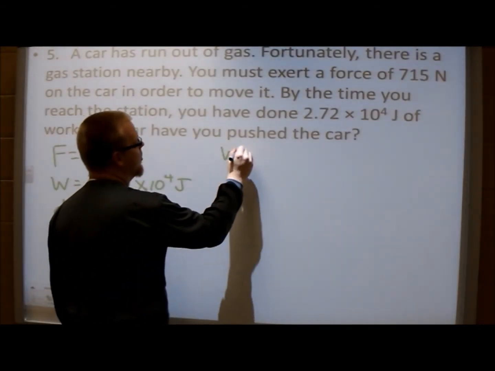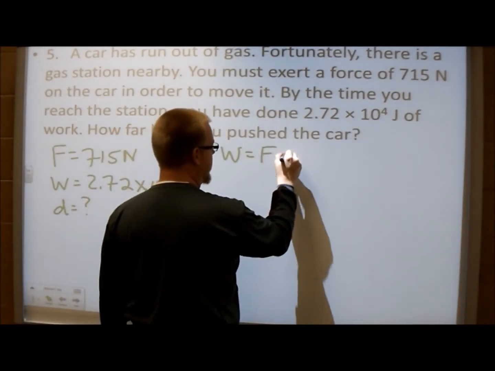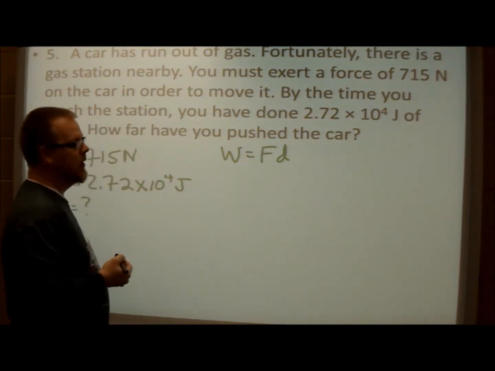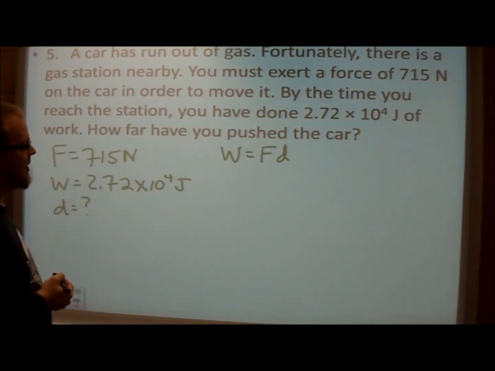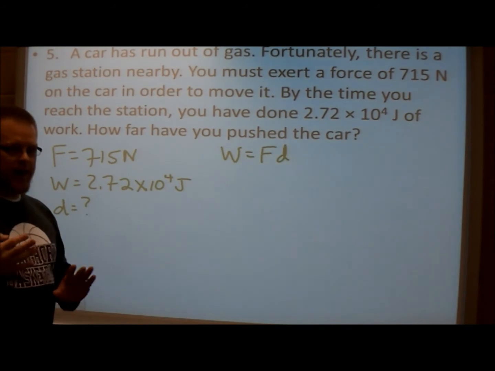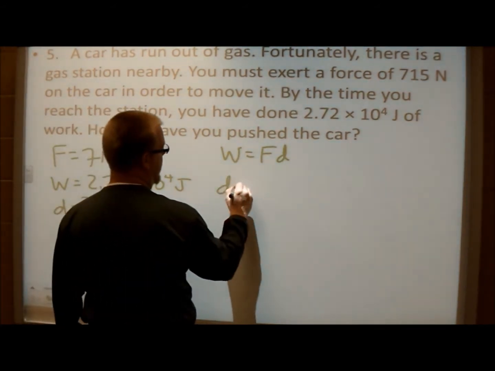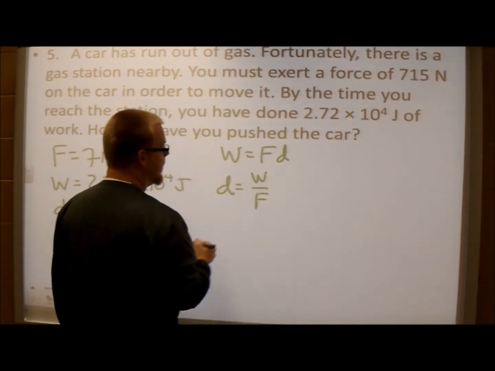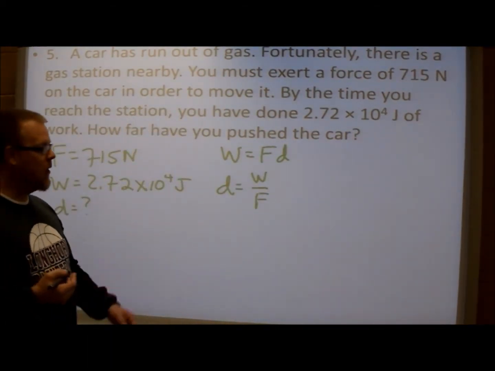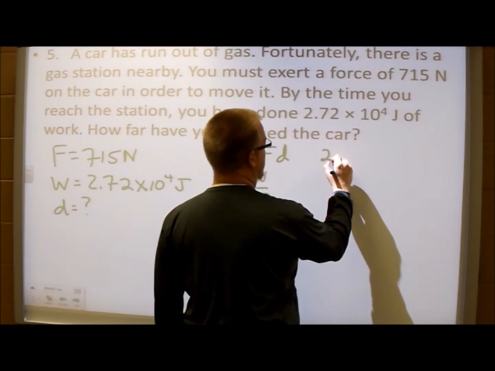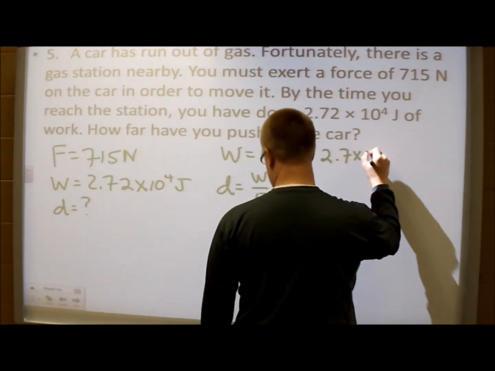Well, there's no angle, so therefore the angle is 0. Cosine of 0 is 1, so we can ignore that part. Work equals force times distance. Now here it depends on how you want to solve it. You can either rearrange this formula right here, do the algebra ahead of time, or if you would rather plug in the numbers, it doesn't matter.